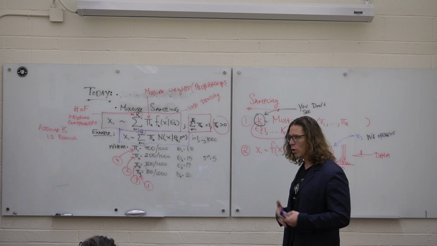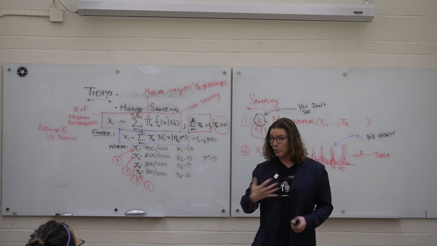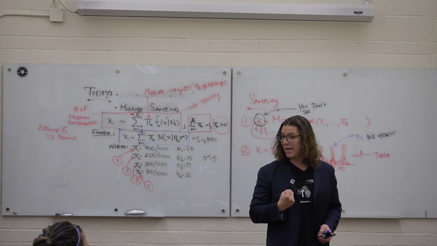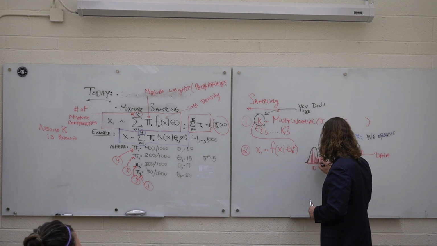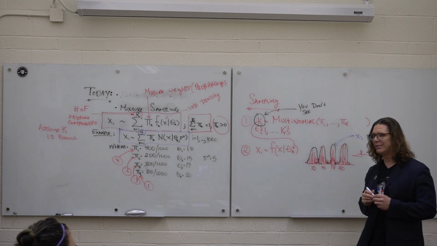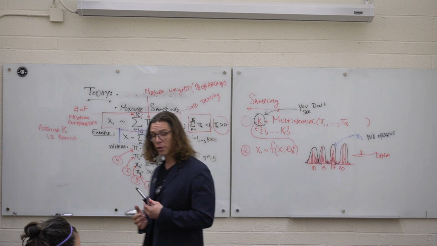If I knew what K was, I knew I had 400 exact points from component 1, and I knew which 400 points there are, I would remove those 400 points from the data set. I would break this into the 4 different distributions. I would assign the K to each X, and I would deal with those 4 inferences independently of each other.